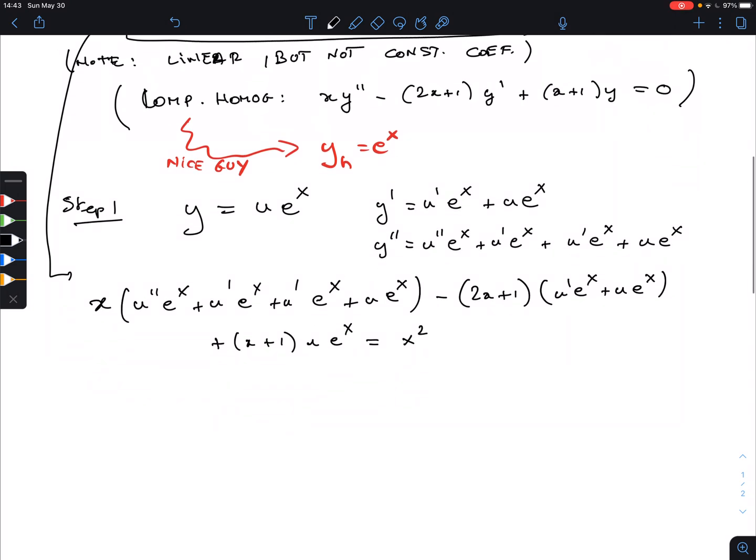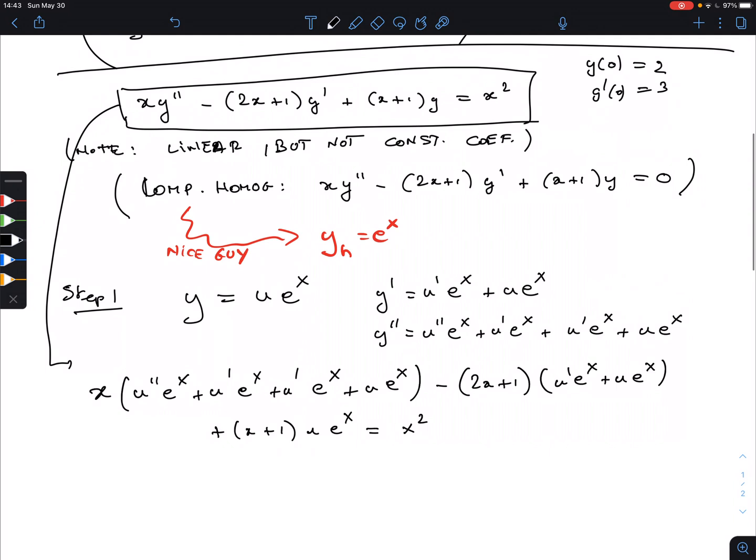Now, there is an e to the x at the left-hand side, and there's nothing like it on the right-hand side, notice. True, this is one of the forms we did in the previous section 5.4, undetermined coefficients, but this is not linear with constant coefficients, so it doesn't fall under that rubric.